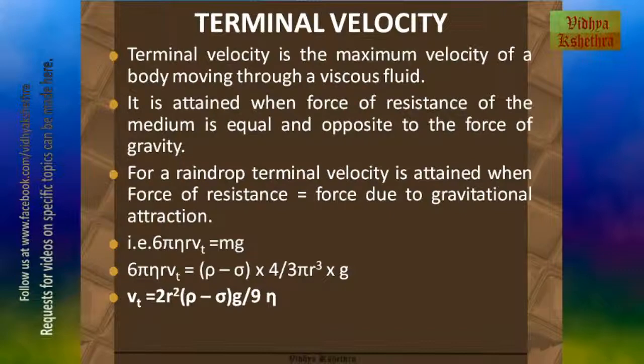From this we get the equation for terminal velocity, which is equal to 2 into r squared into rho minus sigma into g by 9 eta. Here r is the radius of the raindrop.